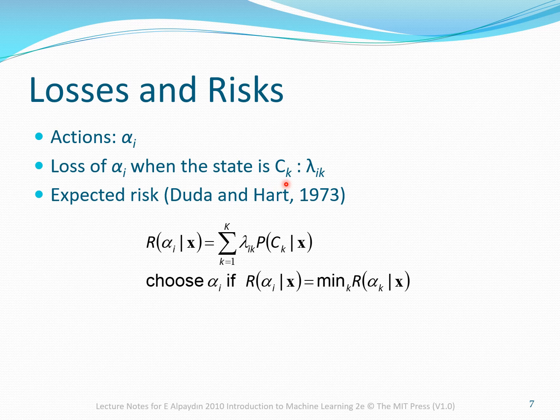Then the expected risk for taking action alpha i is R(alpha i | x) = the sum over k = 1 to K of lambda ik P(Ck | x). And we choose the action with the minimum risk: alpha i if R(alpha i | x) = min over k of R(alpha k | x).